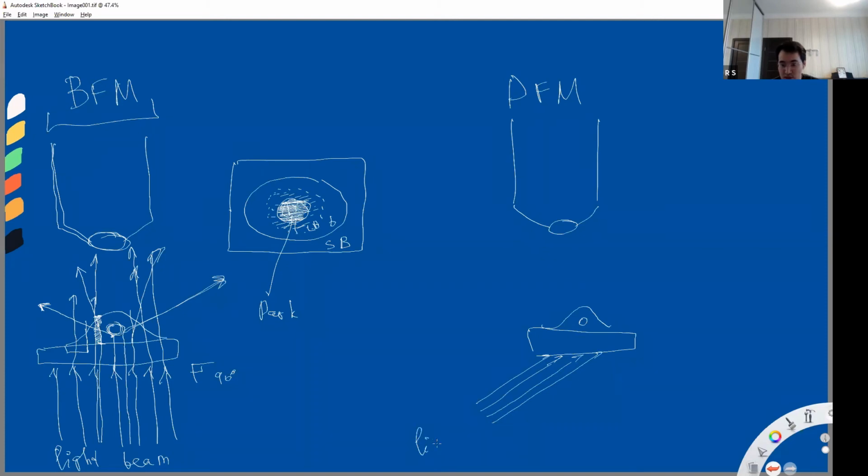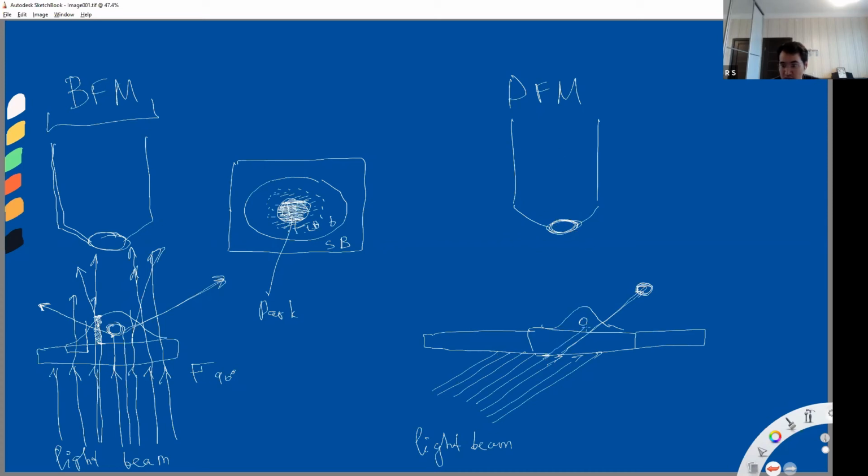So this is the light beam, and these light rays come, let's say, to our cytoplasm, and we lose this part of light beam. We don't catch it with our objective.